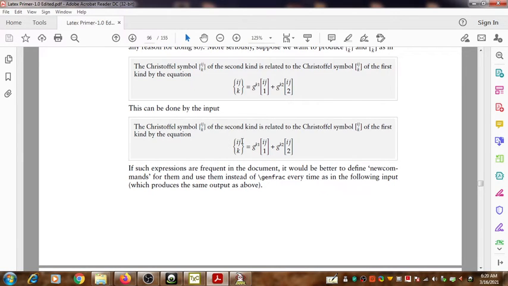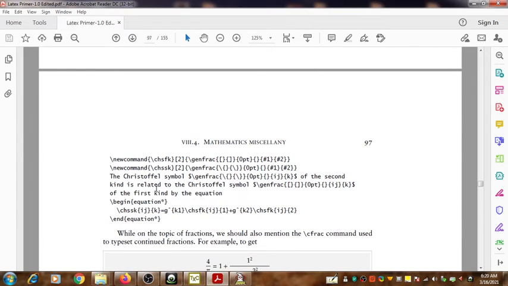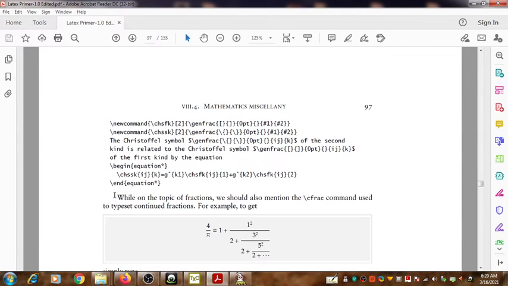For producing the kind of output that you can see here, that is, the Christoffel symbol of the second kind is related to the Christoffel symbol of the first kind by the equation. Okay, and if you want to produce an effect which is given in the box, you can use the source code as given here.